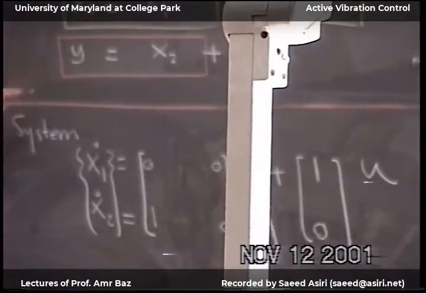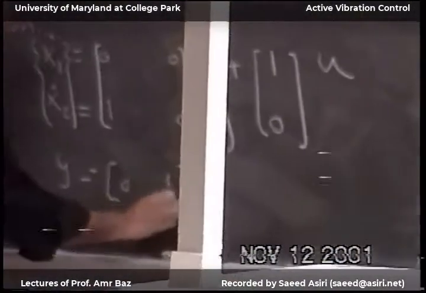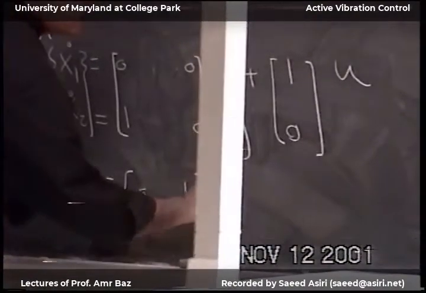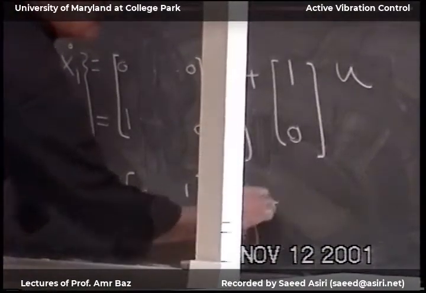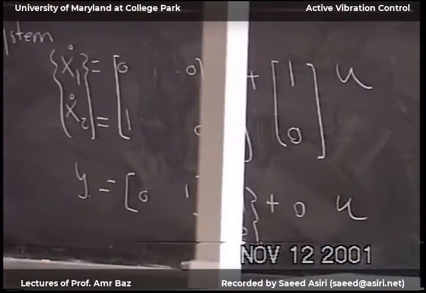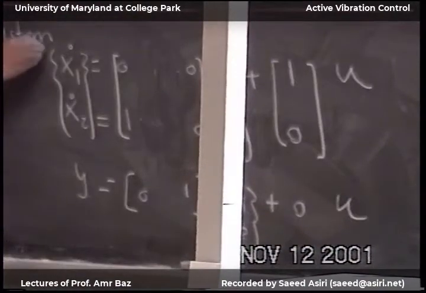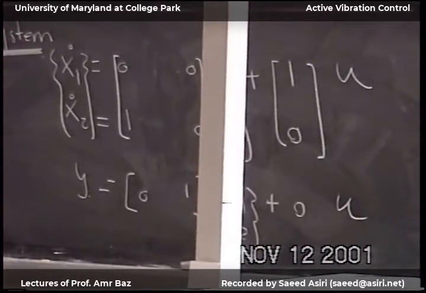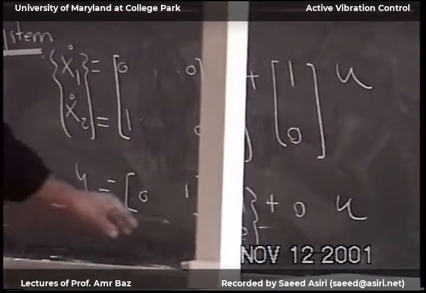And the last equation we have is y equal to 0, 1, times x1 and x2 plus 0 times u. So now this is my basic system. Everything here is known now. So now I can go on.